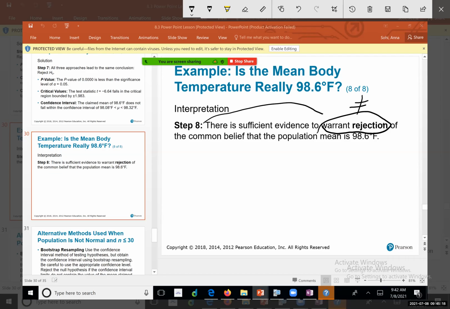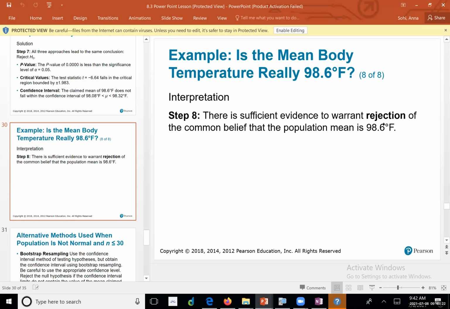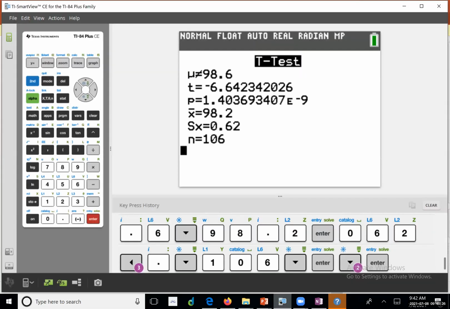Okay. Shelby, you asked me a question about calculators. Say it again. You said after clicking test, we have options for one sample, two sample.